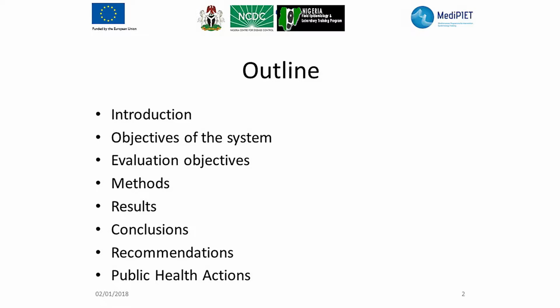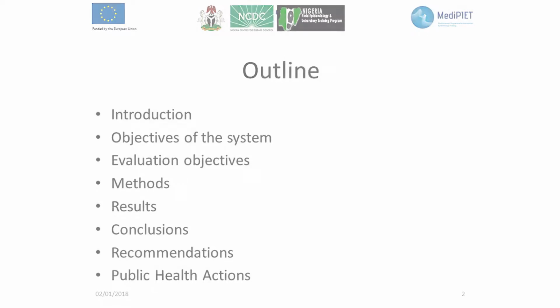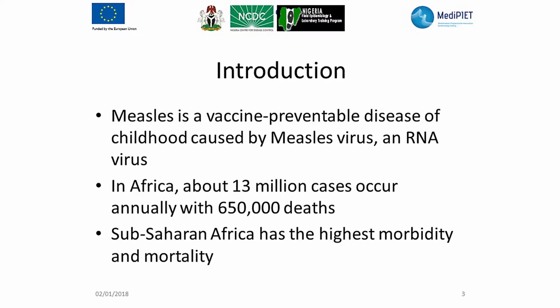Measles is a vaccine-preventable disease of childhood caused by measles virus, which is an RNA virus. It is highly contagious and has a high case fatality rate of 1 to 10%. In Africa, it accounts for 13 million cases annually with 650,000 deaths.